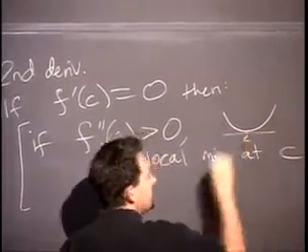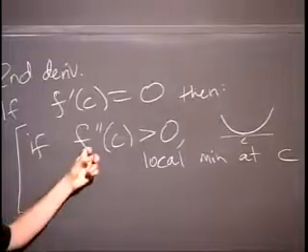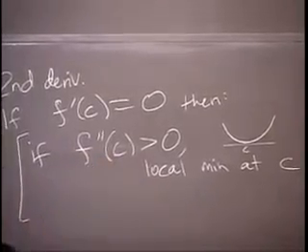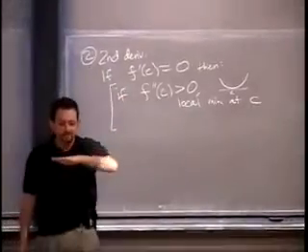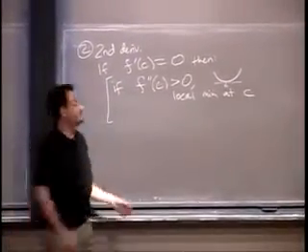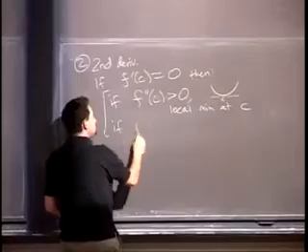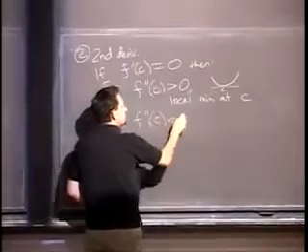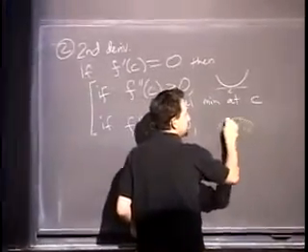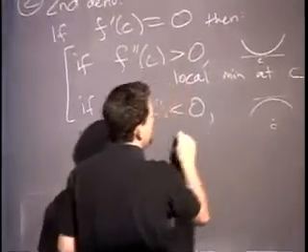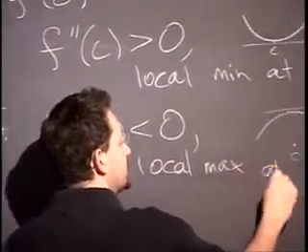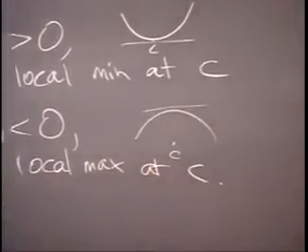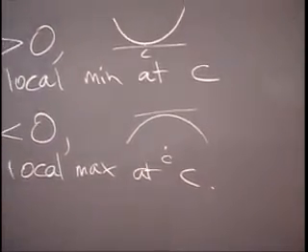And you don't have to remember this and this. What you have to remember is, oh, the second derivative is positive. Think of it as concave up. And you can see that it must be a minimum. Similarly, if the second derivative is negative, it must be concave down, and therefore local maximum at c. Now, what if the second derivative equals 0?